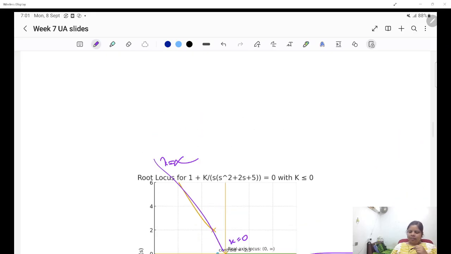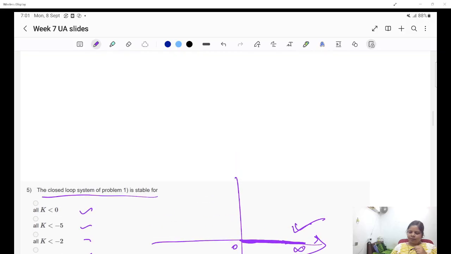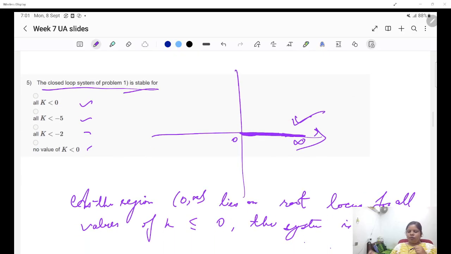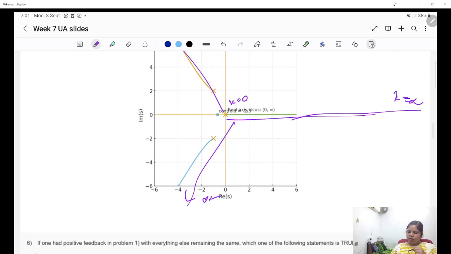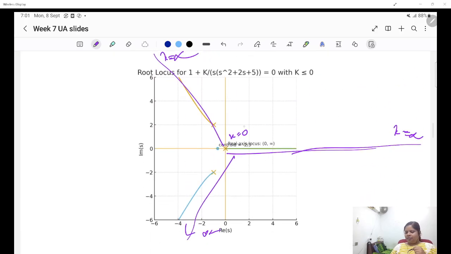So when the previous question was asked, the system is stable for what value of k, you can see that for this pole, as k moves from 0 to infinity, or it would be minus infinity to 0, whatever, but we plot it in such a way that we can write k is equal to 0 to infinity.